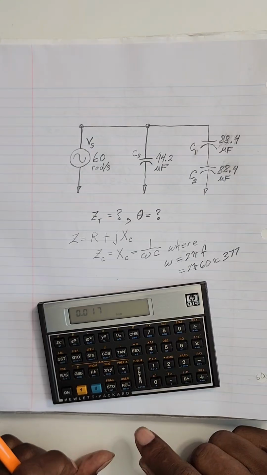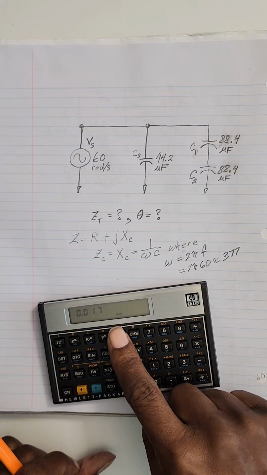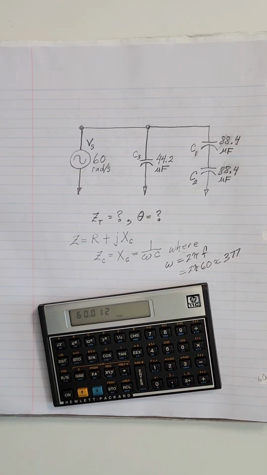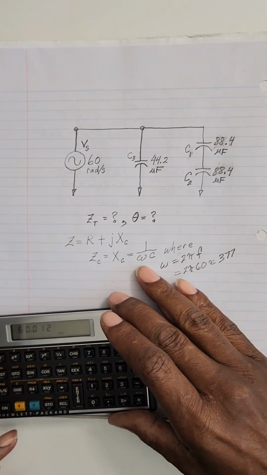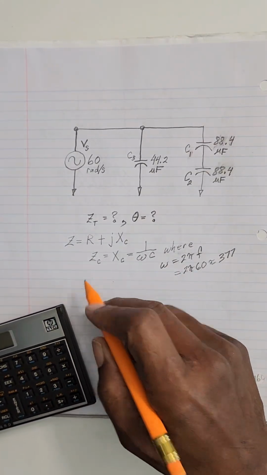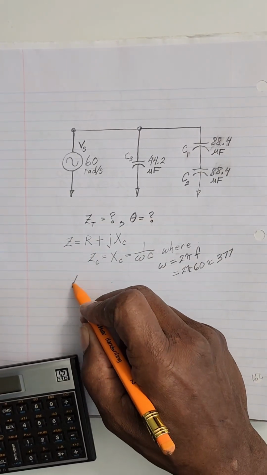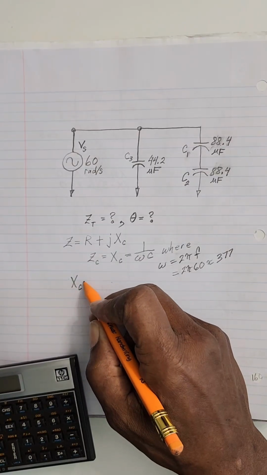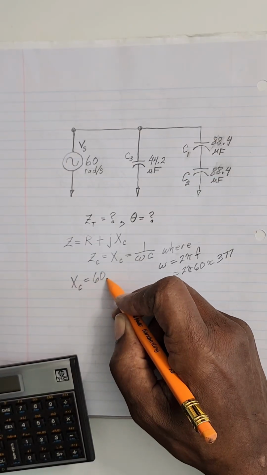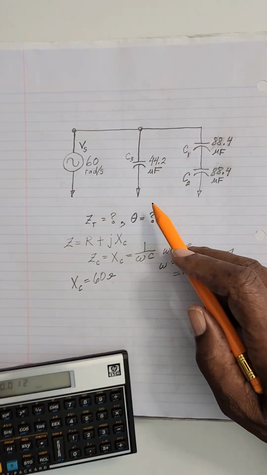Multiply those two together, and I need to take the reciprocal, and we have approximately 60 ohms. So our X sub C is equal to 60 ohms for just this one here.